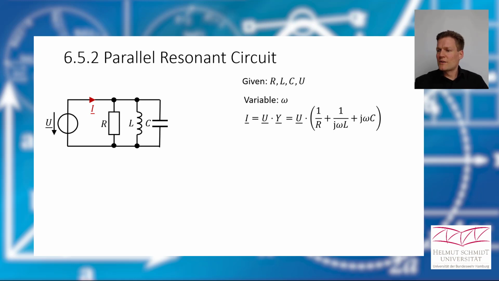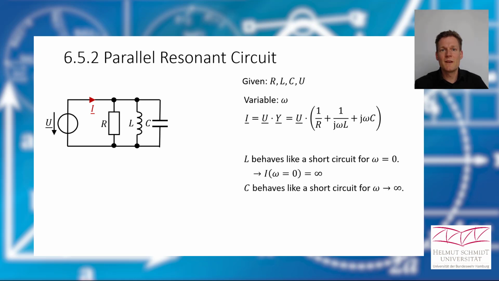Okay, let's have a look at our circuit. When we have a DC voltage source there, then our inductor behaves like a short circuit. And that means if we had a constant DC voltage there, then our current would be infinitely high. And if we have very high frequencies, then our capacitor behaves like a short circuit.